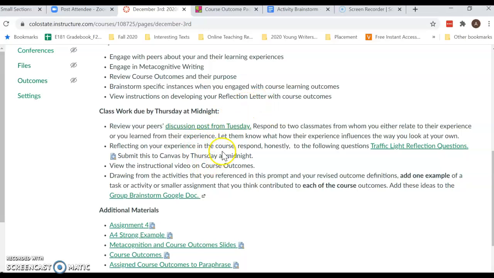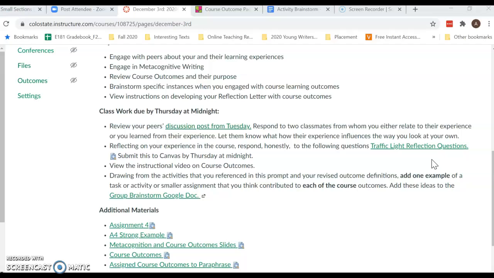Once you've done that, we're going to engage in some additional metacognitive writing. And this prompt is going to be a little bit more focused than the last prompt that we engaged with for Tuesday's class, as it's asking you to look at specific tasks that we completed in class. And by tasks, I mean anything from some type of group work that was completed to a reading, to a discussion, to a peer review, any of these things, right?